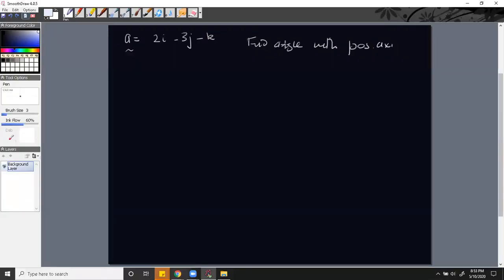So final part then, we're still finding the angle made with the positive axes. We found theta x, we found theta y, and now we're going to find theta z. And again, we've got a negative. So this time I'm going to draw all three axes.